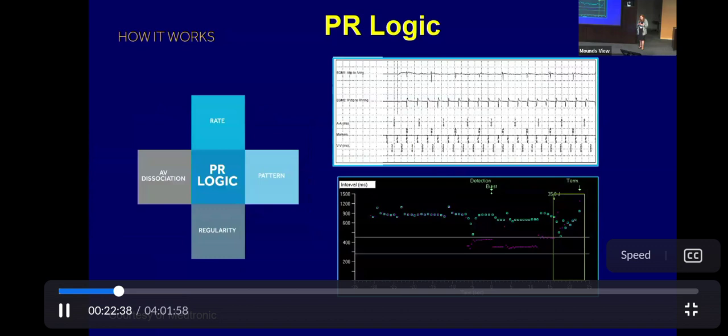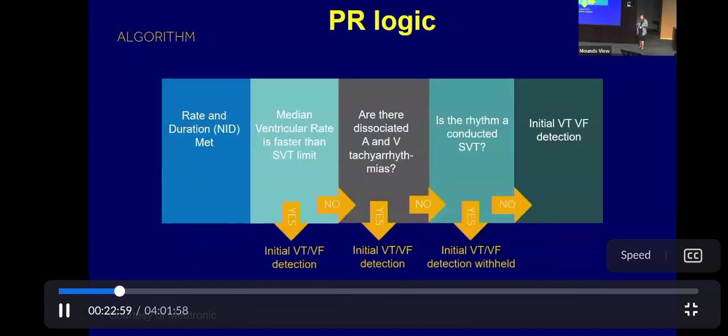PR logic is doing a lot of this on its own, considering the pattern, association, and regularity within the rate. And this one here is dissociated. You can see on the bottom that the A's are at a much different rate than the V, and that's an easier one for everyone to figure out, including the device, to know that it's VT.